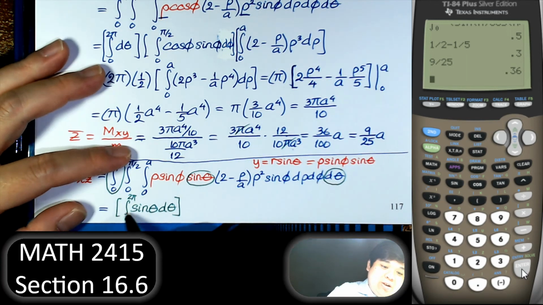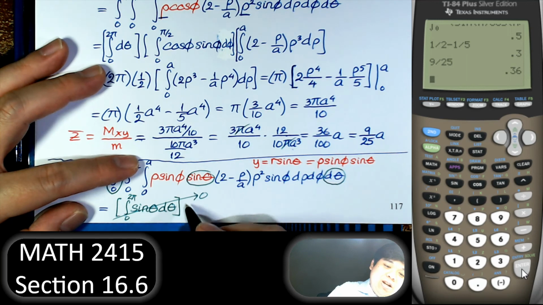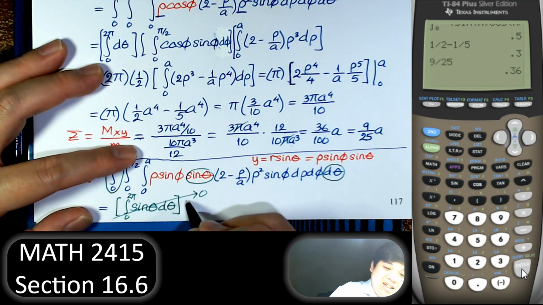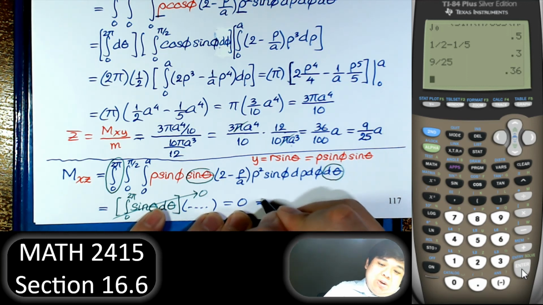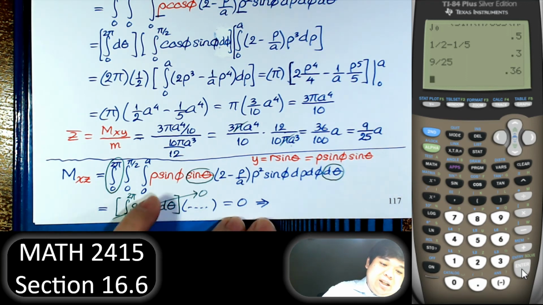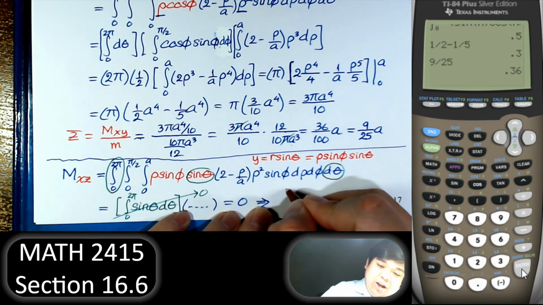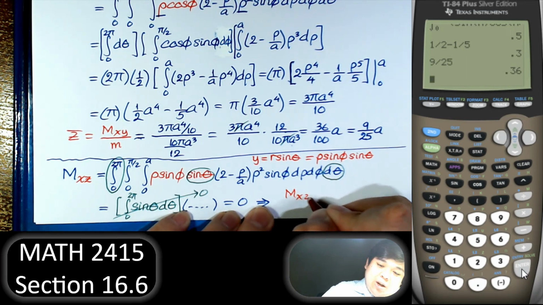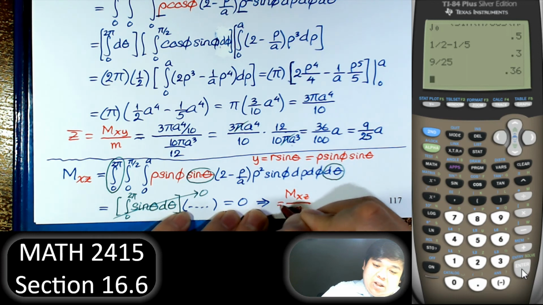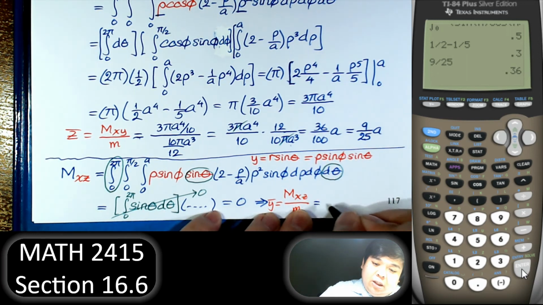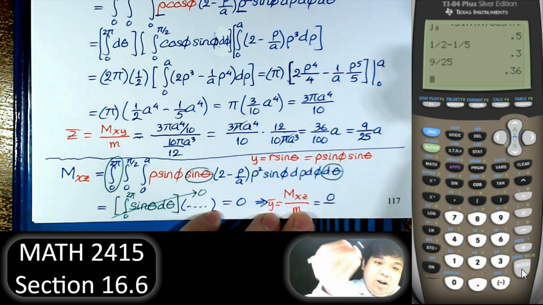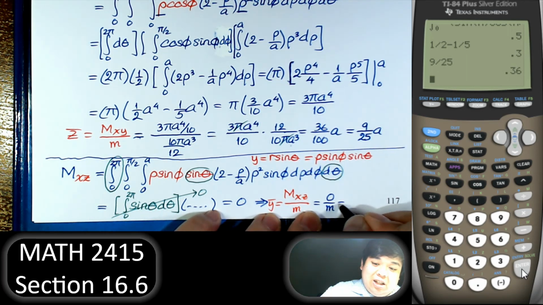This one is equal to 0, right? So it doesn't matter what we have after that. This is equal to 0. So when we calculate, since we stick a y into it, we have m_xz over m, which is the y bar coordinate, equal to 0 over the mass. Doesn't matter whatever the mass is, still equal to 0.